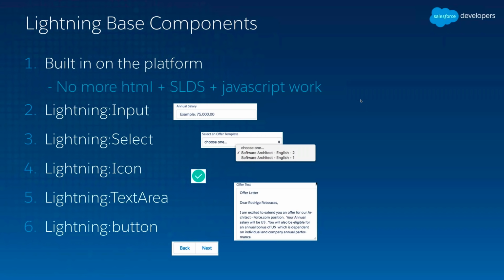With the Lightning-based components, it eliminates the need to do that. Now you can simply reference lightning input, lightning select to get pick list dropdowns. You can use lightning text area to provide a full text area, or even buttons to easily wire up your action. It really helps you accelerate the development process for Lightning. And we handle all the styling for you as well, so you don't have to deal with updating the Salesforce Lightning design system from time to time.